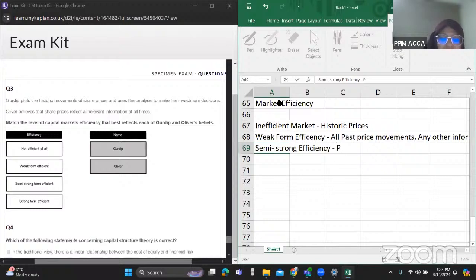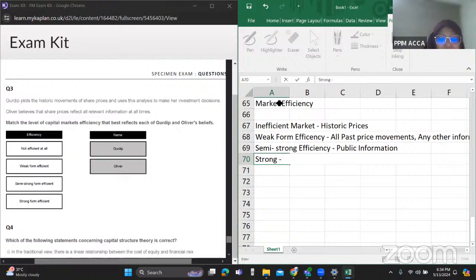So then what has happened? We are reflecting all publicly available information. So that way we are semi-strong form efficient. We are not just reflecting anything that they have formally publicized, we are even reflecting any informal public information. Okay. Finally, you have a strong form efficiency.